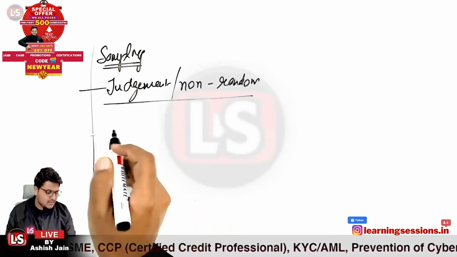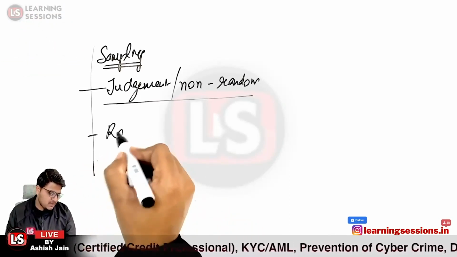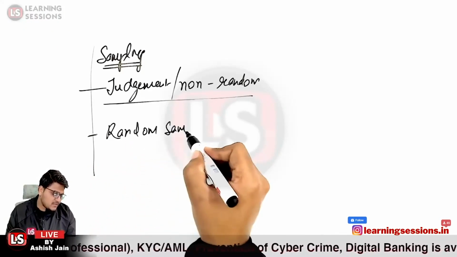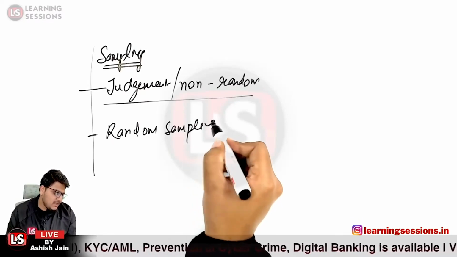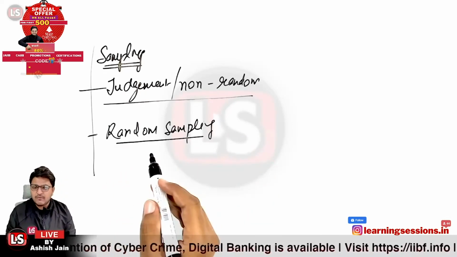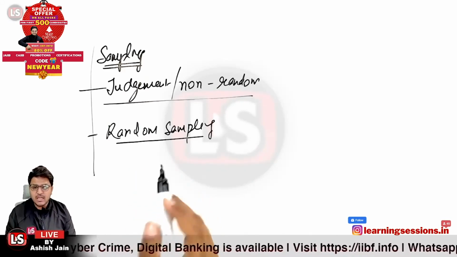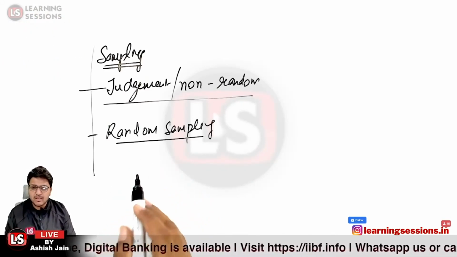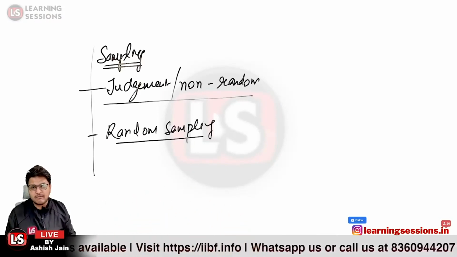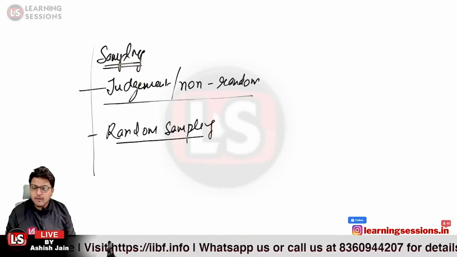And the second one is random sampling, where we select the entities on a random basis. In random sampling, each and every entity has an equal chance of getting selected into the sample. But in the case of judgment sampling, it will not be the same.